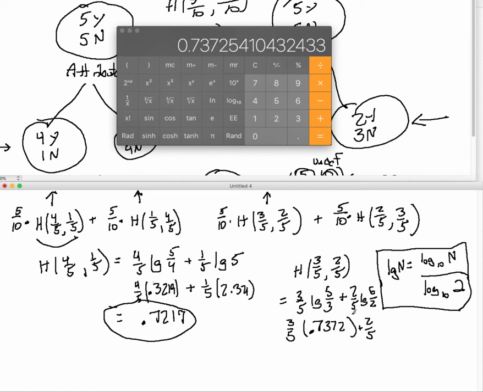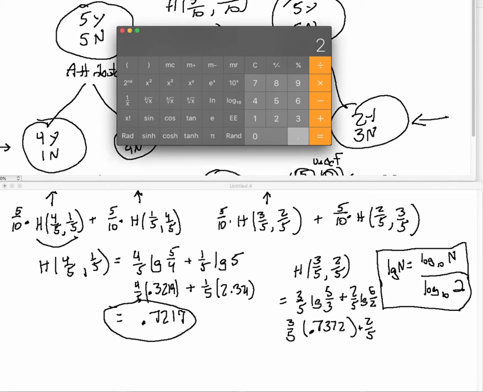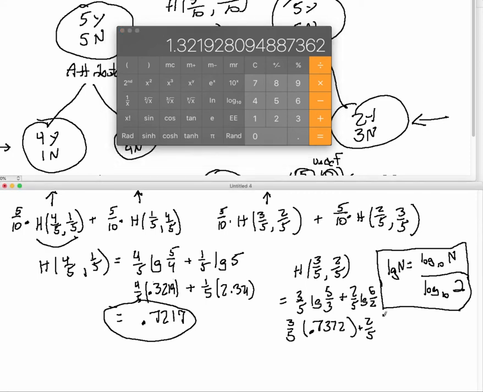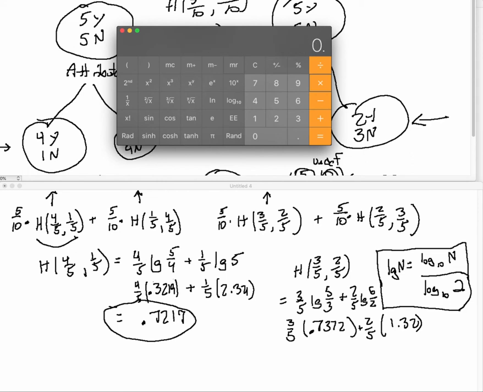And this is 5/2, so that's 2.5, divided by memory recall. That's 1.32.